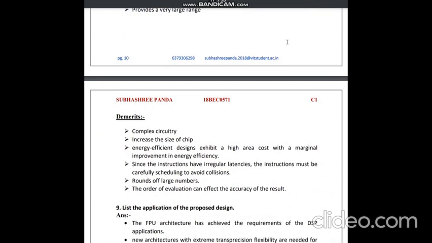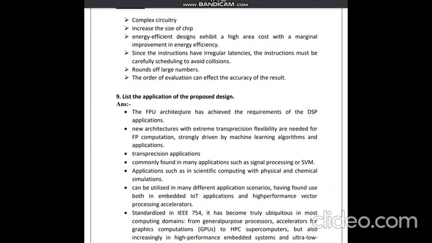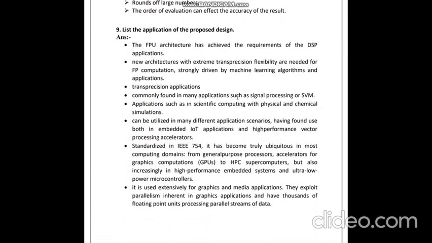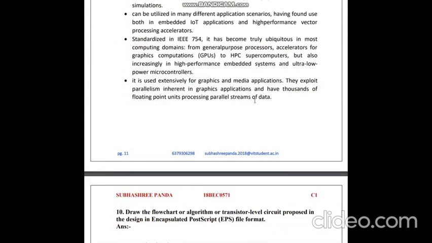And so on. It goes on with the demerits, applications being DSP applications, then machine learning algorithms and applications, trans-precision applications, then most commonly found in signal processing or SVM, and it goes on like this.